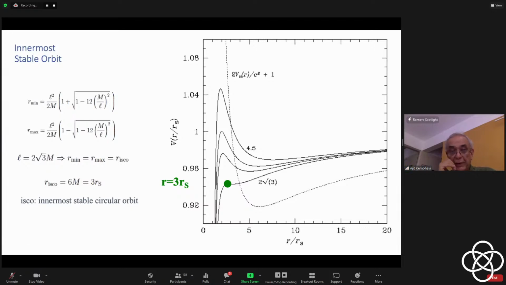Yes, sir. Hello. My question is, to what kind of objects apart from black holes can we apply this innermost stable orbit concept? Is it possible to apply it to a neutron star? No. To have such innermost stable orbits, you have to go very, very close to r equal to 0. That is only possible in the case of black holes. Let us suppose that you have something like a neutron star instead of a black hole. A neutron star is also an extremely dense object.